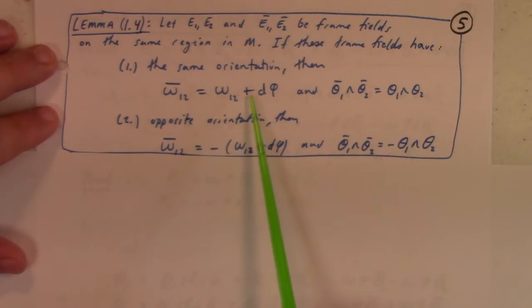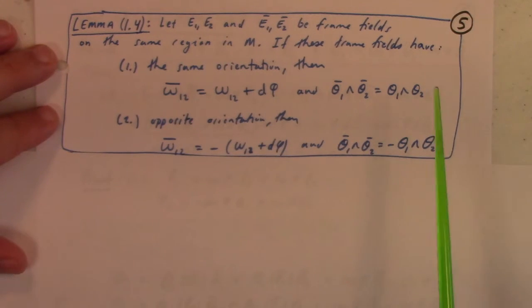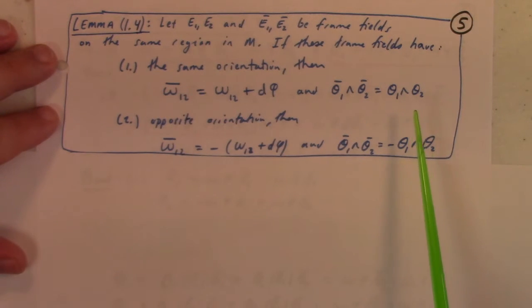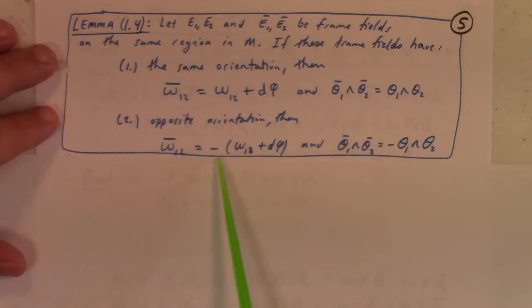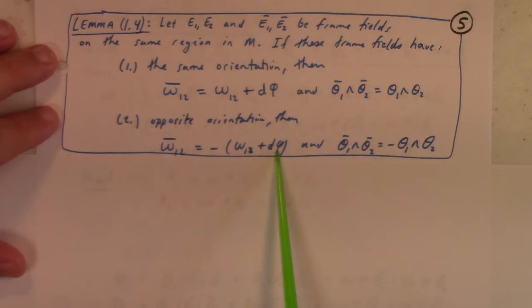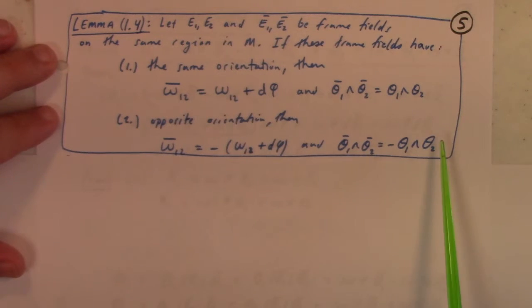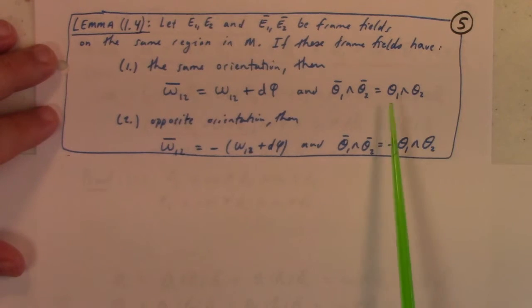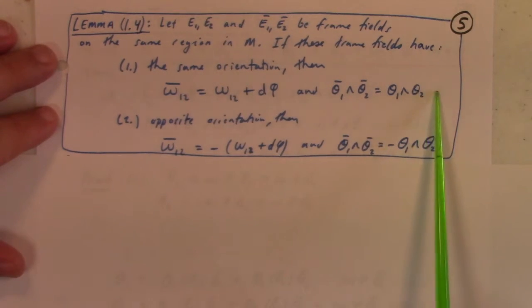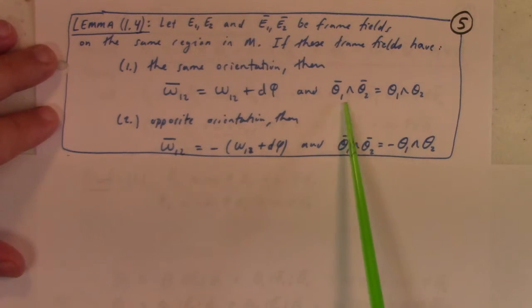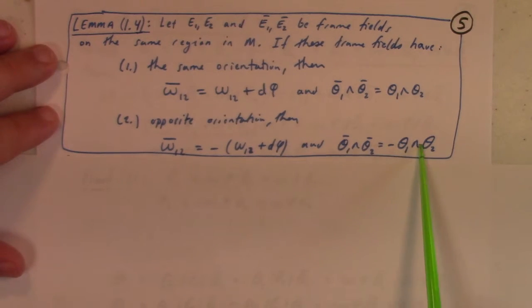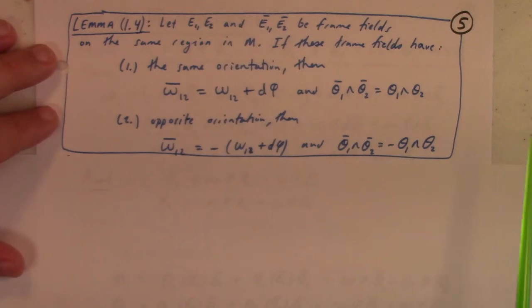It's simply given by the sum of omega 1-2 and the exterior derivative of the angle function. And if it's got the opposite orientation, then it's minus omega 1-2 plus the exterior derivative of the angle function. In the case of same orientation, the wedge product of the coframes is the same, whereas with the opposite orientation, you get a minus here as well.